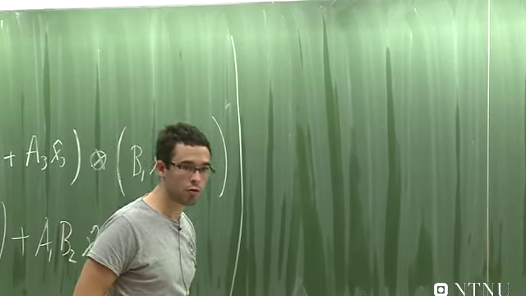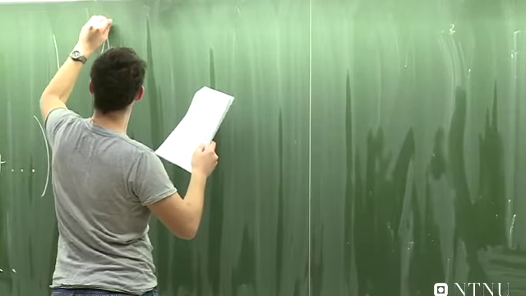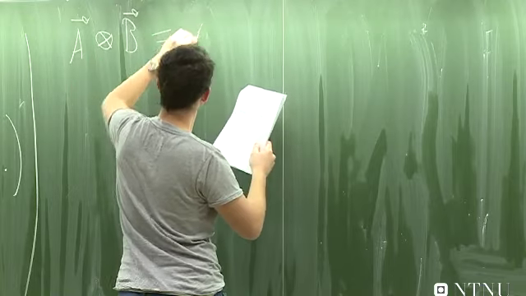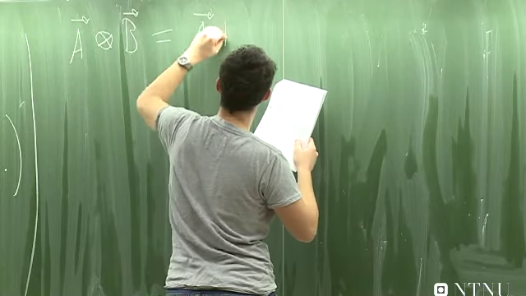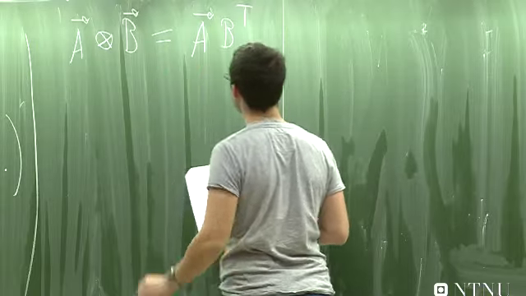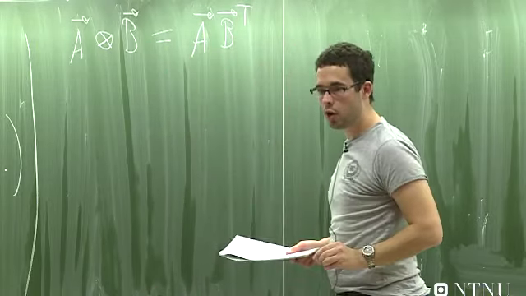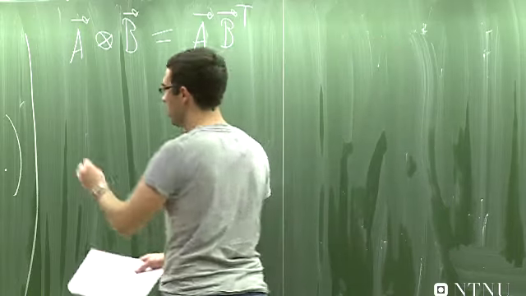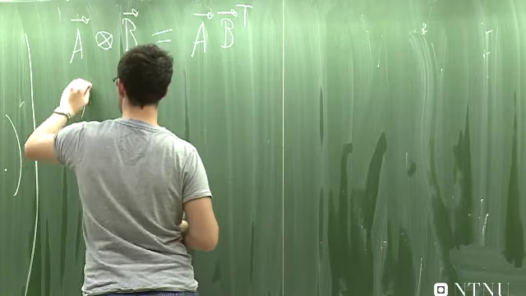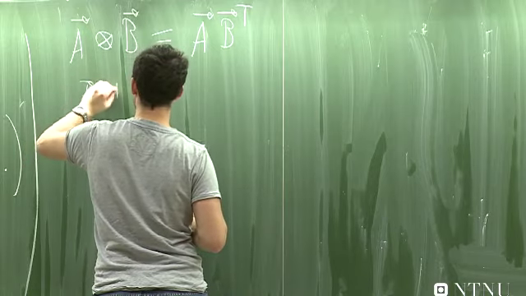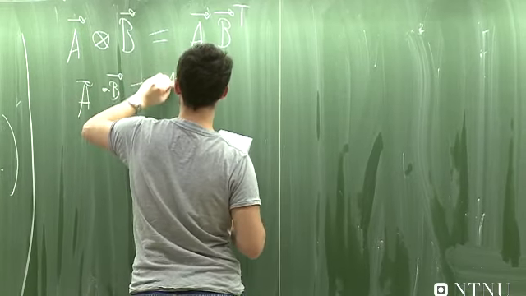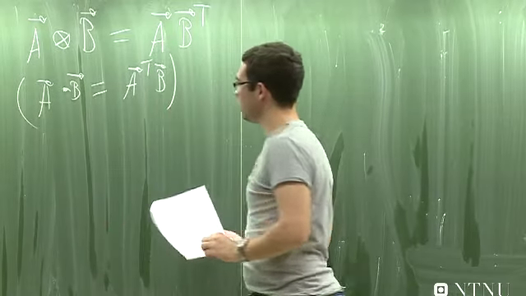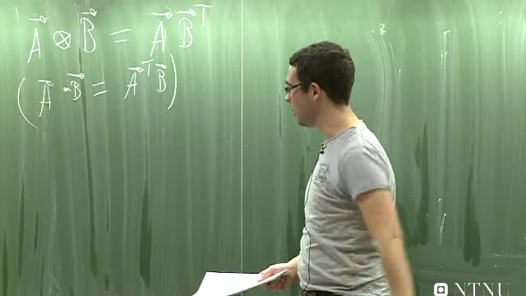And I can rewrite this in the form of matrices. It's the product between the A vector and the transpose of the B vector. So if you recall the scalar product, you can write it like this. So it's similar except the other way around.